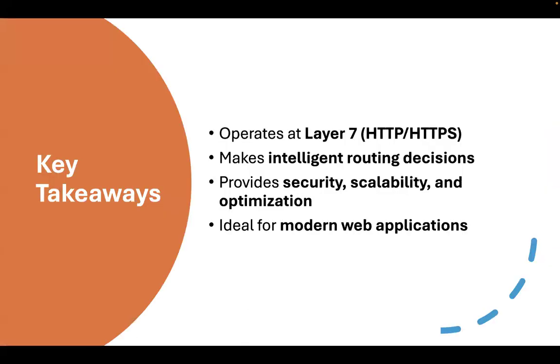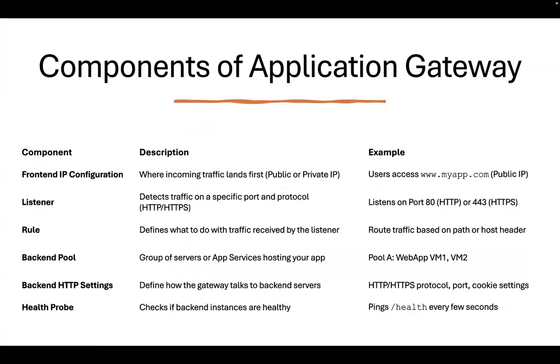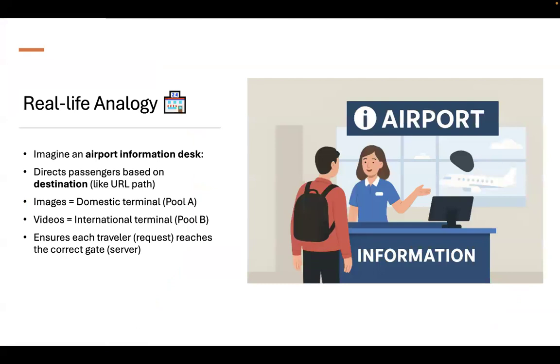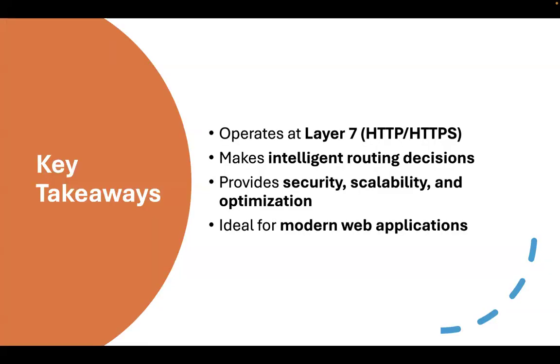The key takeaway from here is that the application gateway works at layer 7. That is an important thing you should remember. It makes intelligent routing decisions, provides security, scalability, and optimization, and is ideal for modern web applications. Even in our organization, we are using application gateway for forwarding traffic, I mean, for hosting our applications.